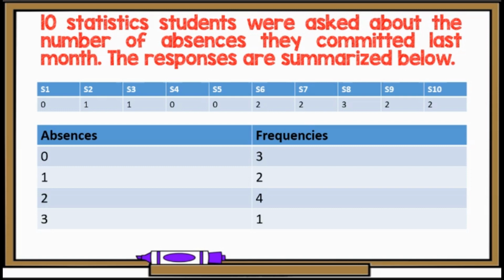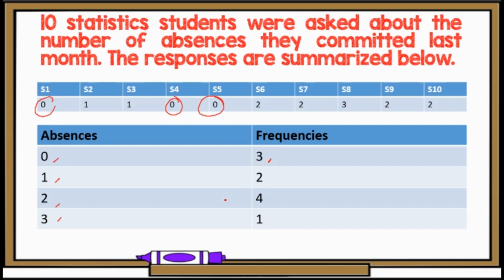Student 1 committed no absences, while students 2 and 3 committed 1, and so on. For the number of absences, these are the classes 0, 1, 2, and 3. And the count of students who committed the said number of absences are represented in column number 2. For 0 absences, we have 1, 2, 3. There are 3 students who didn't commit any absences for last month.